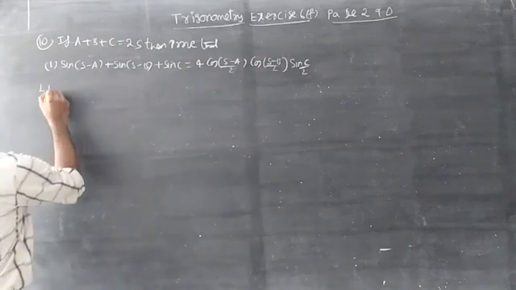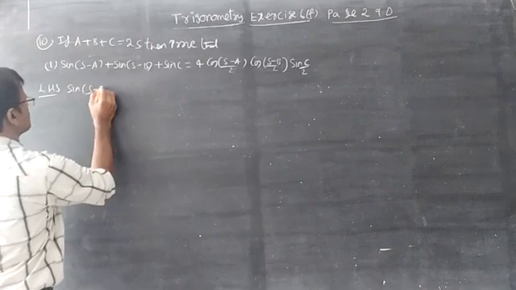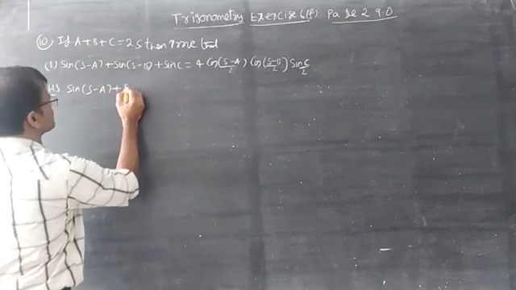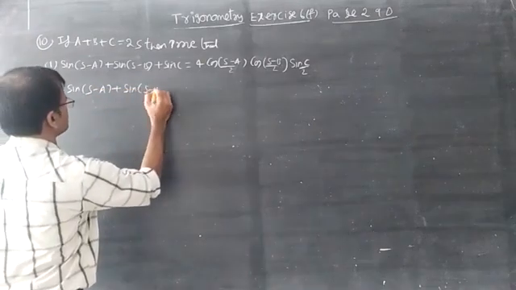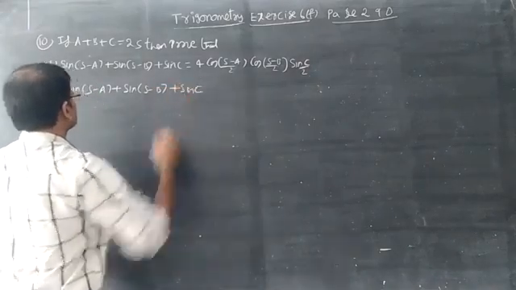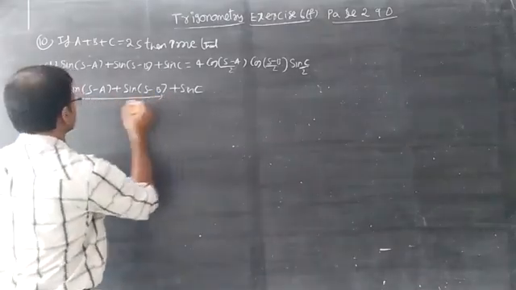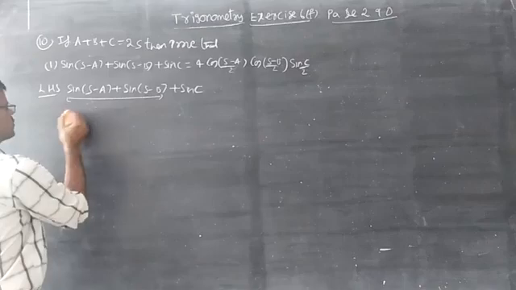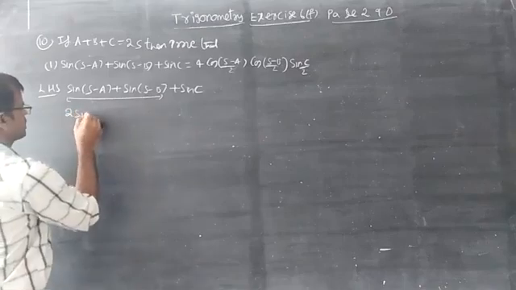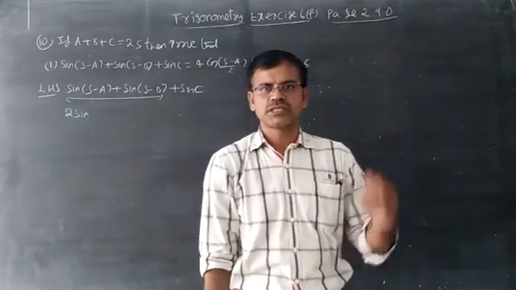Now taking LHS, sin of s minus a plus sin of s minus b plus sin c. Now take this sin c plus sin d formula, 2 sin of c plus d by 2 cos of c minus d by 2.